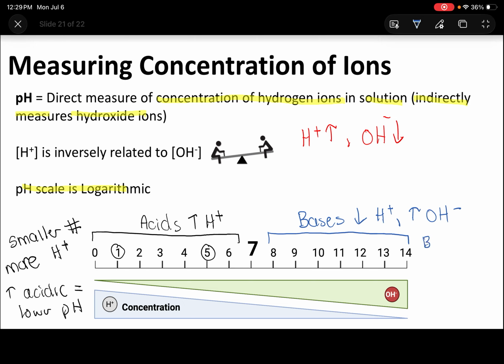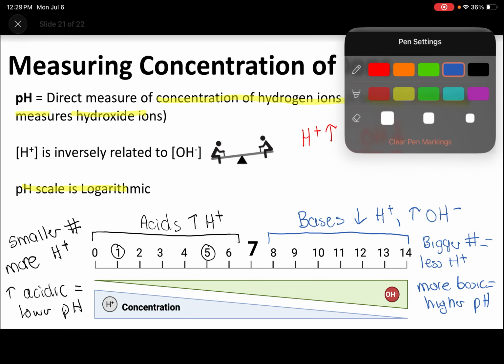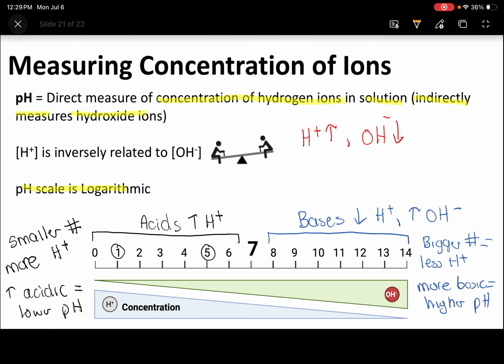So the bigger the number, the fewer hydrogen ions it has. So if we say something is more basic, that means a higher pH. And finally, this little number in the center, 7, means neutral.